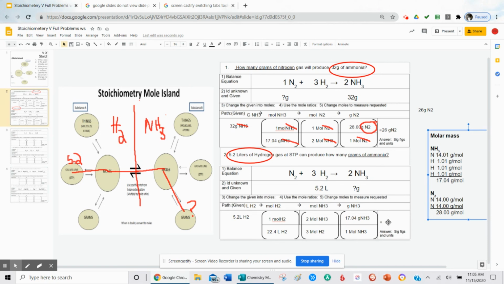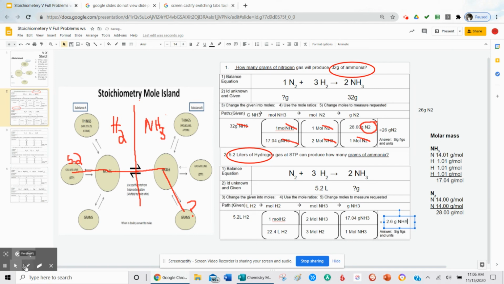And when you put that all in your calculator, you will get 5.2 divided by 22.4 times 2 equals divided by 3 equals times 17.04 equals. So you get 2.637. I only need 2 significant figures because of that 5.2, so that ends up being 2.6 grams. Grams of peanuts? No, grams of ammonia gas.